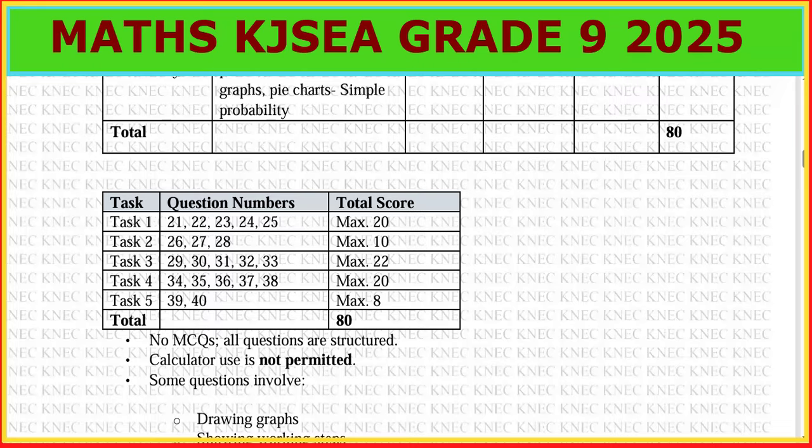Then Task 4, numbers 34, 35, 36, 37, 38, giving us a maximum of 20. Then we have Task 5, questions 39 and 40. So when you add it, it gives you 80.